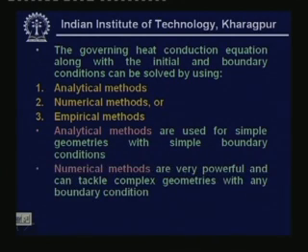Whereas the numerical methods are very powerful and they can tackle complex geometries with any boundary condition. So this is the advantage of numerical methods. You can use numerical methods for any shape of the building or any type of boundary conditions. However, numerical methods are in general more time consuming, and they are not 100% accurate, unlike analytical methods.